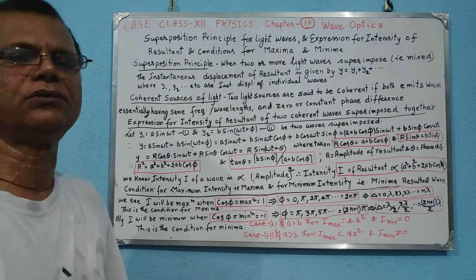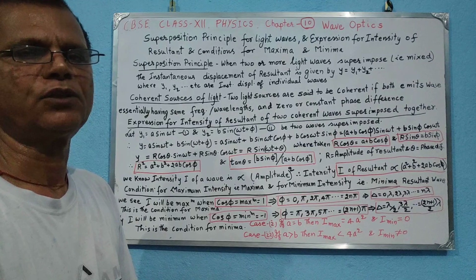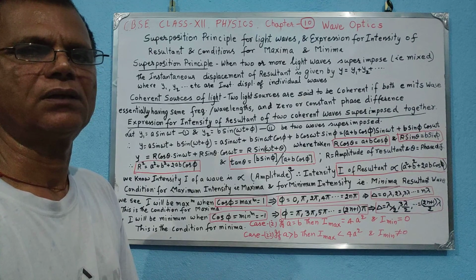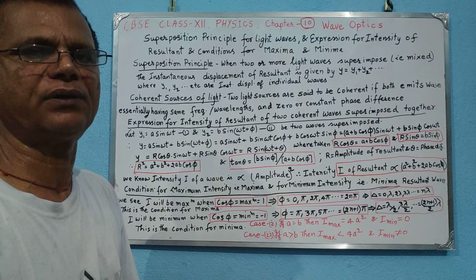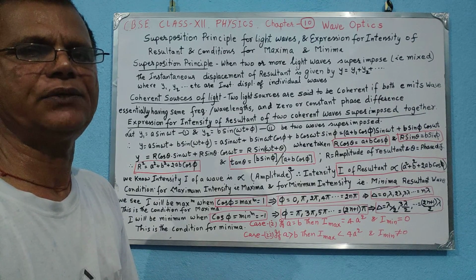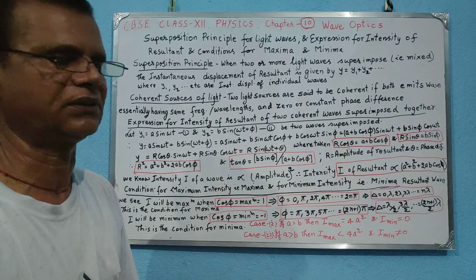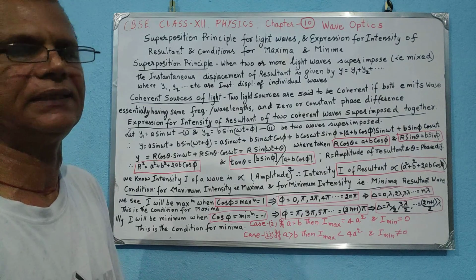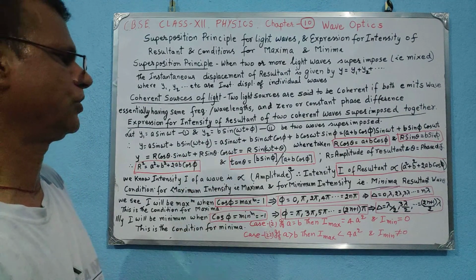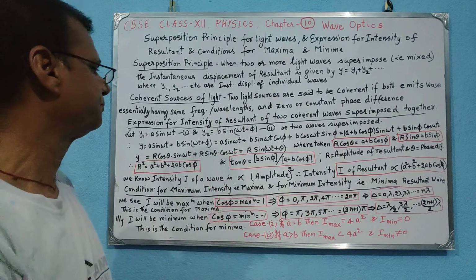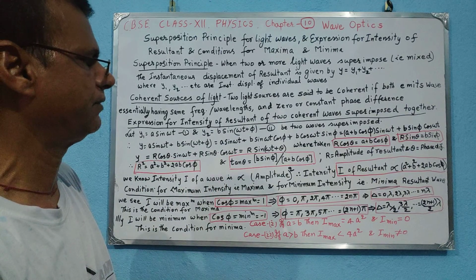I request you to refer to the topic which we have read in class 11. We derived the expression for the resultant of two vectors added together, the law of parallelogram of forces, and there you will see this expression and you will have better insight and understanding of this topic. So this is all about the expression for the resultant wave.